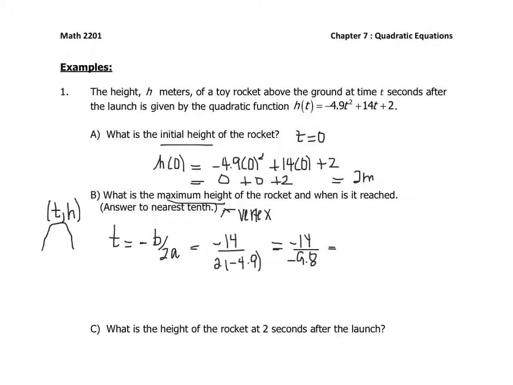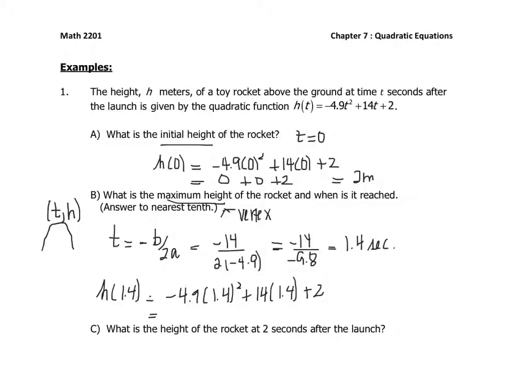which we're going to approximate to about 1.4 seconds. So that's the time at which the maximum is reached, and the maximum would be the height at 1.4 seconds, which would be negative 4.9 times 1.4 squared plus 14 times 1.4 plus 2.